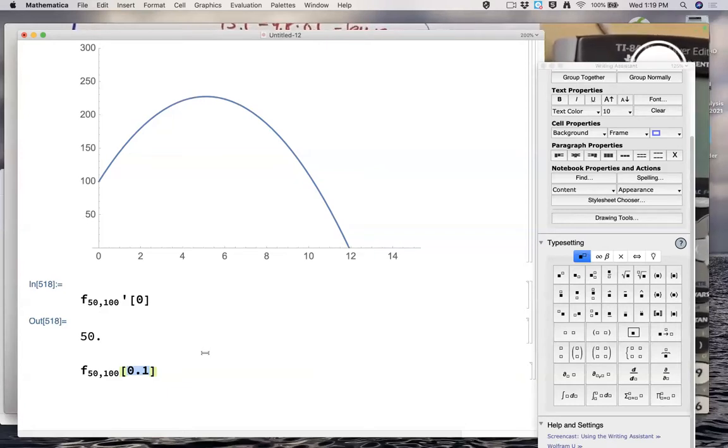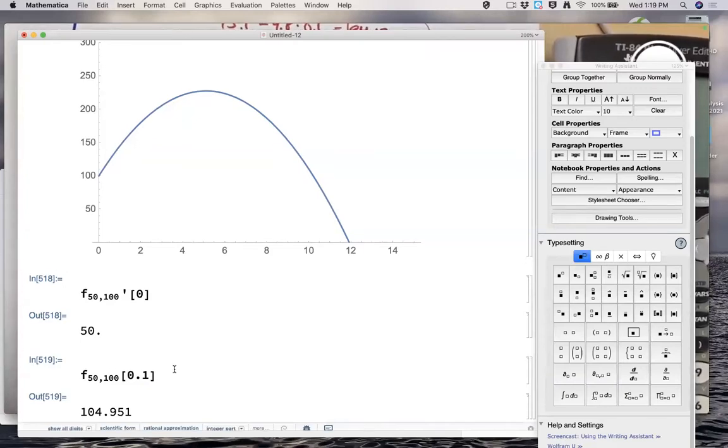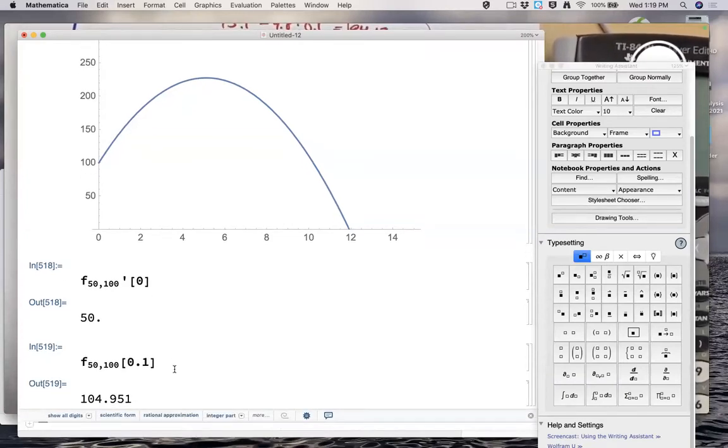The 50 is the velocity. 50 times 0.1 is 5. When I enter this, it should be close to 105. It's going to be a little bit lower, 104.951. Why? Because the graph is concave down. It's underneath this tangent line over here.